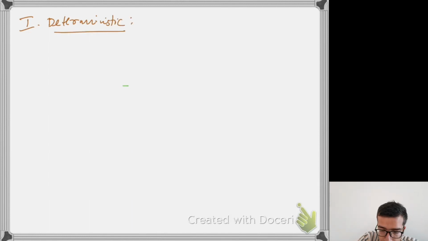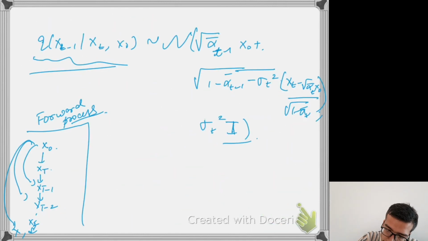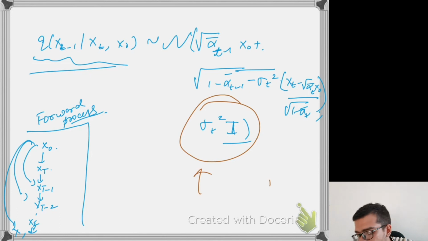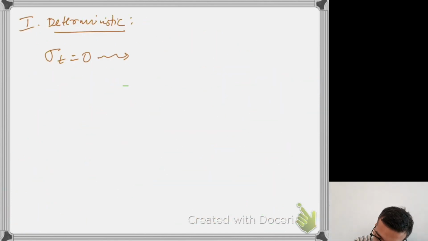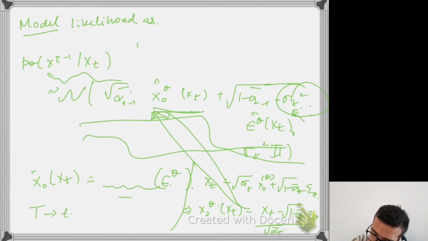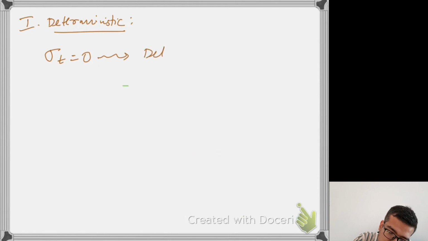When sigma_t equals 0, this is a deterministic process because then the variance will be 0. So in the limit of sigma_t tending to 0, we get a deterministic forward process. And in this case, the reverse process is also deterministic because it has the same variance term. So we get a deterministic process for inference.